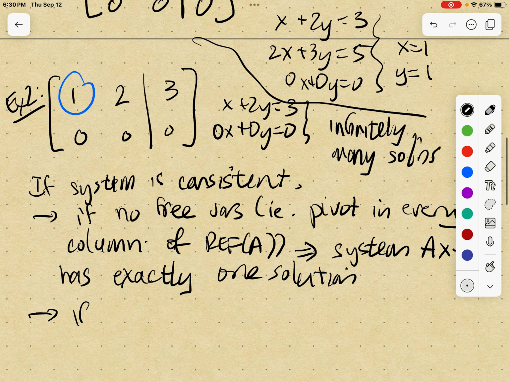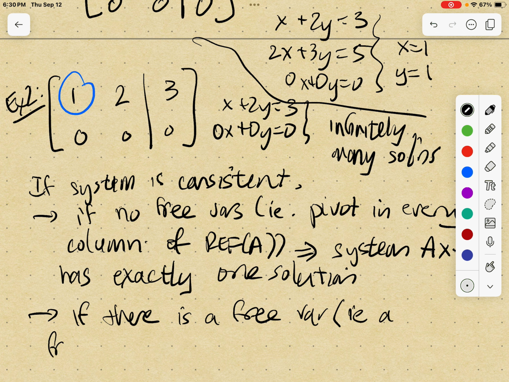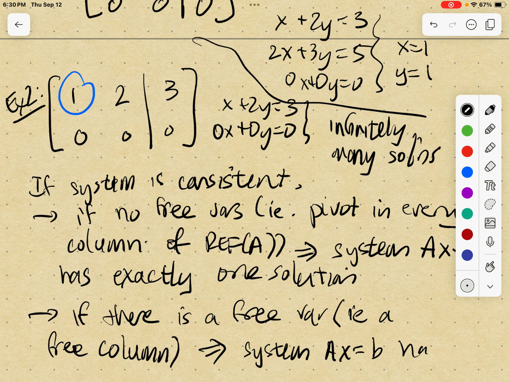If there is a free variable, in other words, there is a column without a pivot in the matrix A, not the augmented part, but the non-augmented part, so a free column, a non-pivot column, then the system AX equals B has infinitely many solutions.